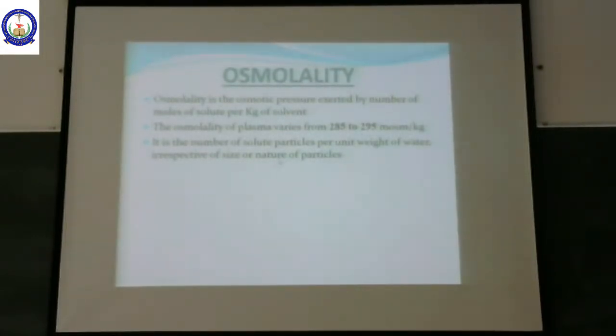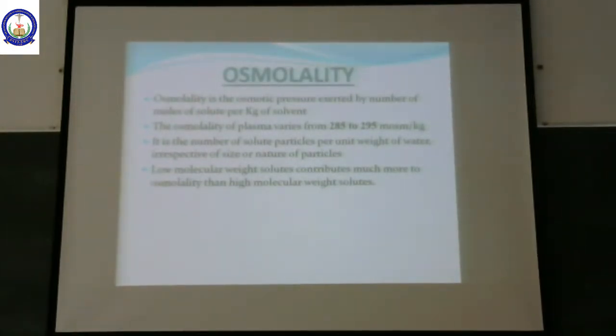It is just the number of particles in that solvent which gives rise to an increase or decrease in the osmolarity. Low molecular weight, lots of particles, will contribute to more osmolarity.